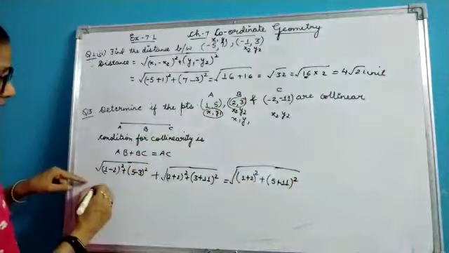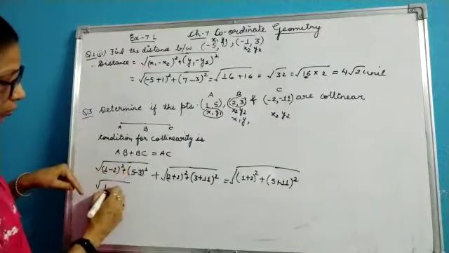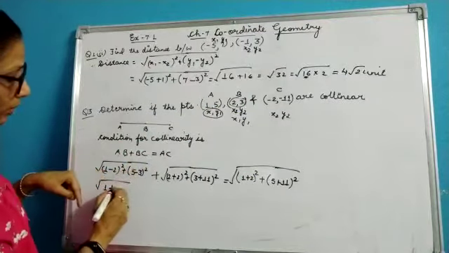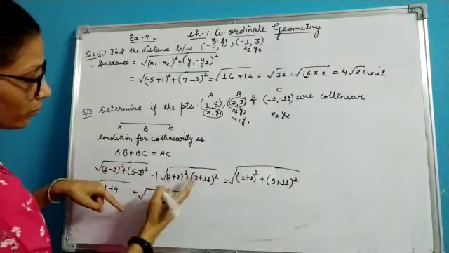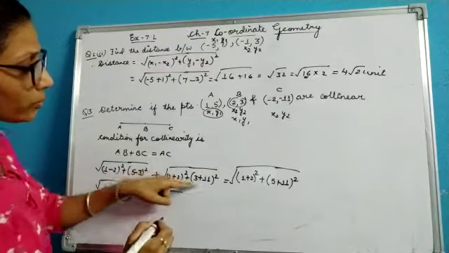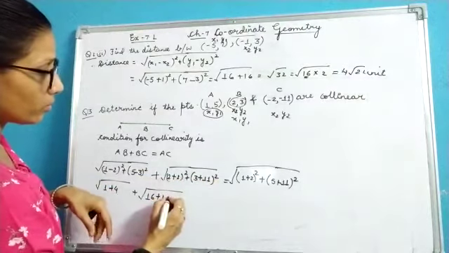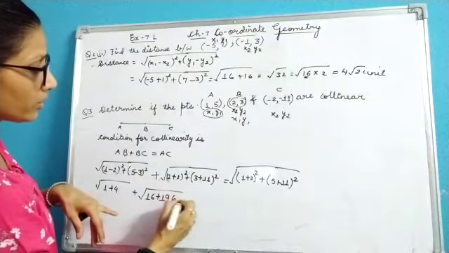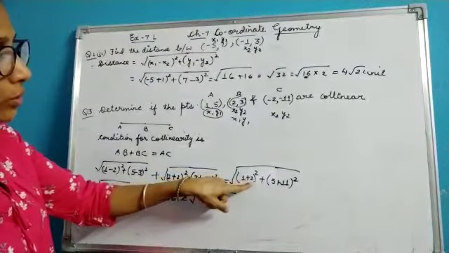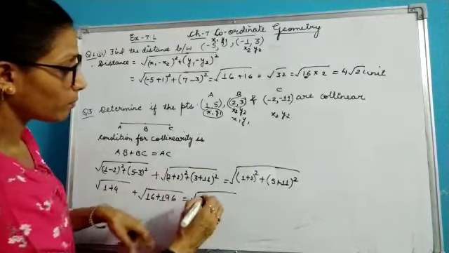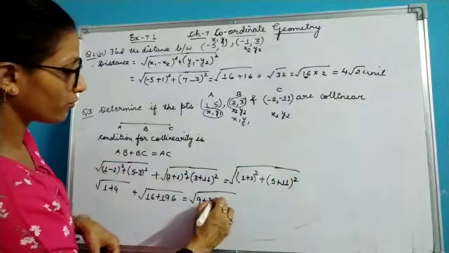So let's see here, 1 minus 2 will be minus 1, whole square will be just 1, plus 5 minus 3 is 2, 2 square is 4, plus this is coming out to be 2 plus 2 is 4, 4 square is 16, plus 3 plus 11 is 14 and 14 square is 196, equal to under root, this is 1 plus 2, 3, 3 square is 9, plus 5 plus 11 is 16 and 16 square is 256.